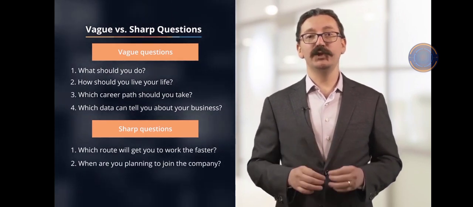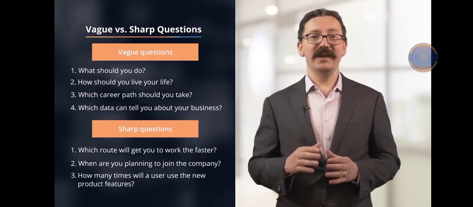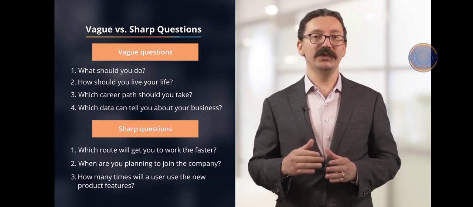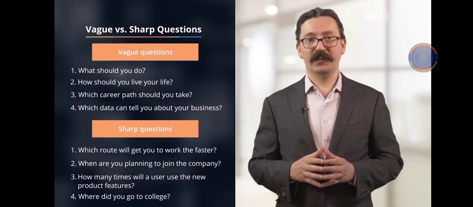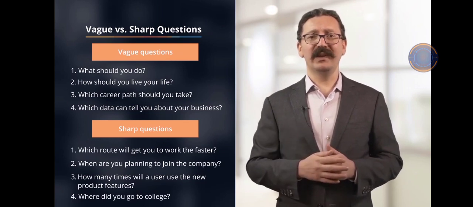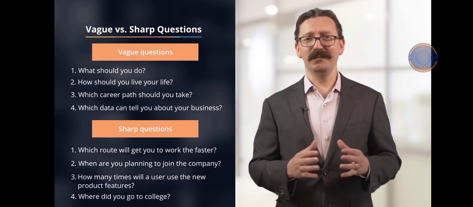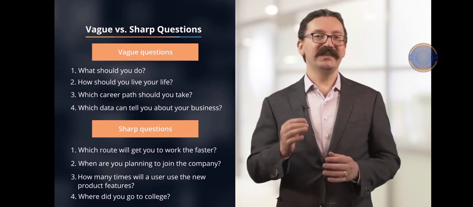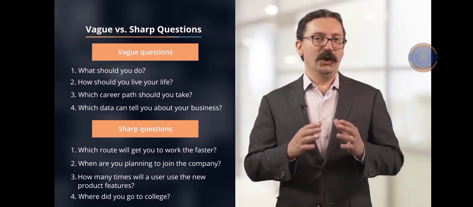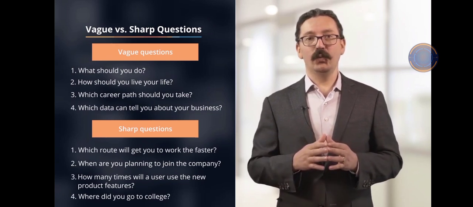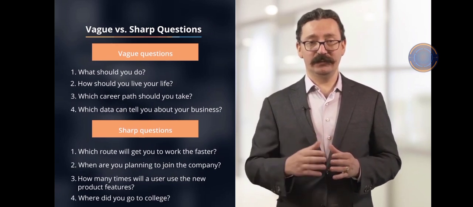When are you planning to join the company? How many times will users use the new product feature? Where did you go to college? From these examples, we can see that vague questions can be answered in multiple different ways and might still not give us the information that we're looking for. Using sharp questions instead will help us get relevant information.